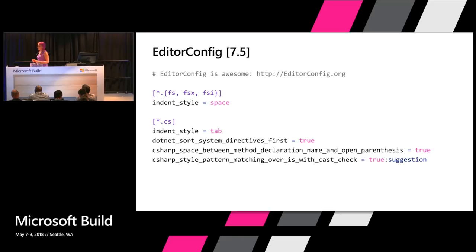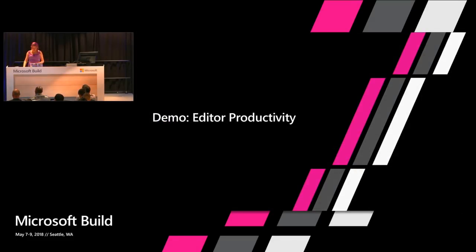So if you have strict rules about whether you should be using the newer style on your project, you can make sure everyone on the team has those turned on. And you can control whether they're highlighted as suggestions or errors. And there's literally probably 100 of these, so it's very fine-grained. And so next, I'm going to show you a few of these things.